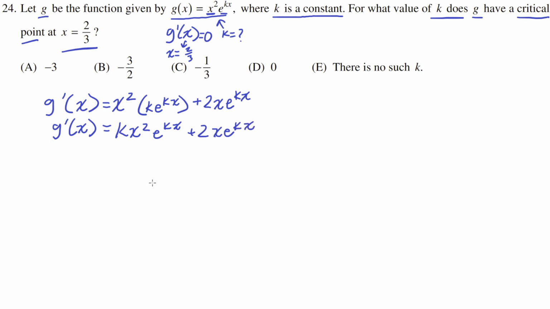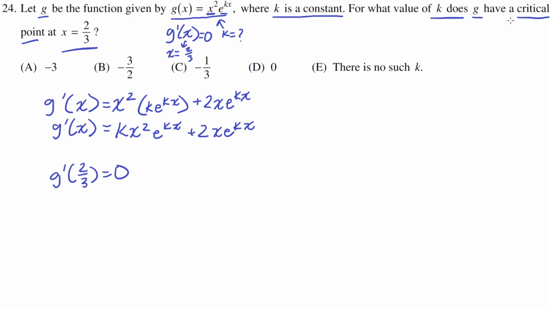So now what we need to do is find the value of k where g prime of x at an x value of 2/3 equals 0.